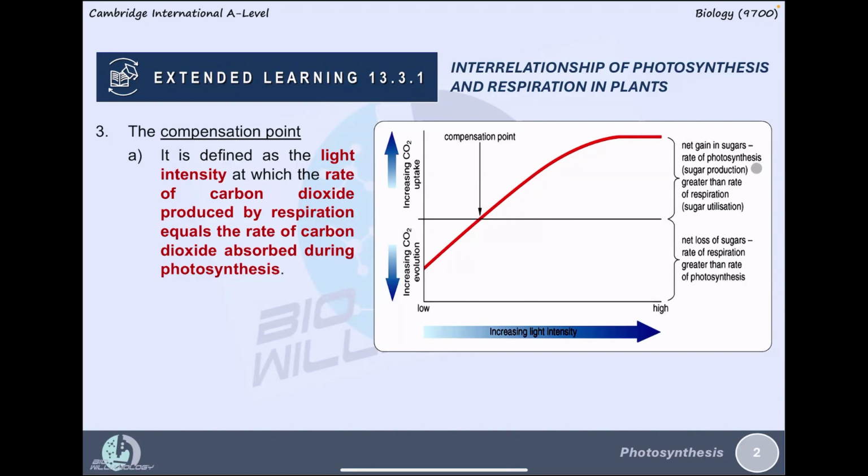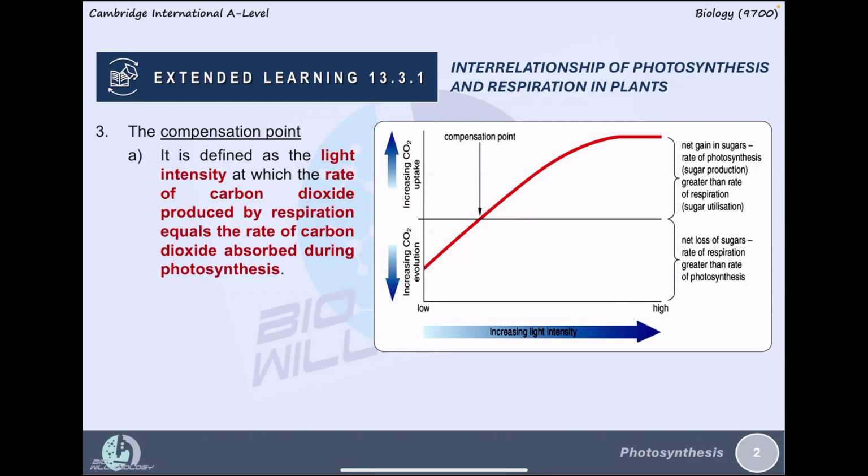So you can think in this way. Above the compensation point, high light intensity increases the rate of photosynthesis, but not the rate of respiration. Because the rate of respiration is not affected by the light intensity.